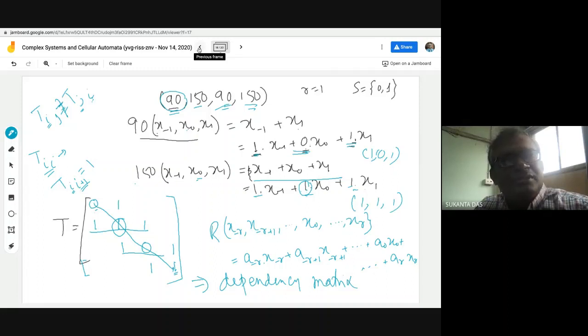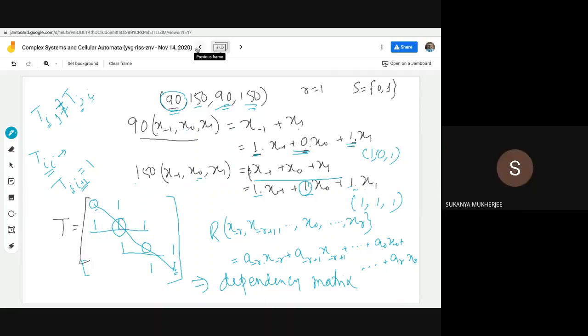What I tried to say, actually, suppose the rule vector is like that: 90, 150, 90, 150, again 90, 150, 90, 150. So we can change the rule 90 to some other rule like 240, right independent or left independent.